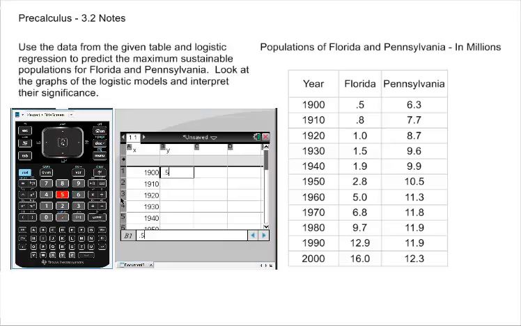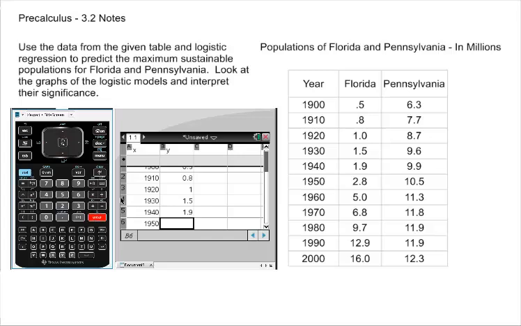And remember, there's only a certain amount of space that those two states can fill, so at some point the populations have to level off. That's why the logistic model is a really good model to use when you're looking at populations of people.